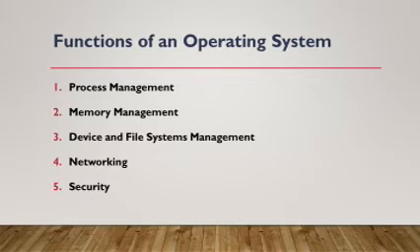The third one was device and file system management. In that we have different types of devices in order to control the operating system, as well as different types of file systems. Then the fourth one was networking, to connect to other computers, to protect the computers in the network, as well as to share and communicate with other computers.